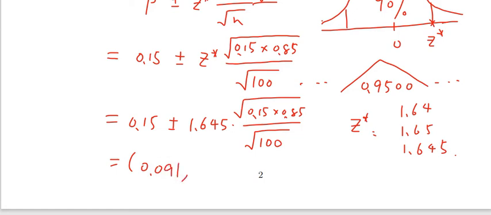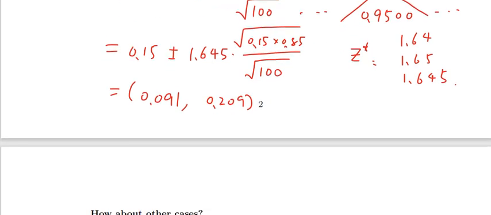For the upper bound, I just change this to plus, and it is about 0.209. So we can find the confidence interval.